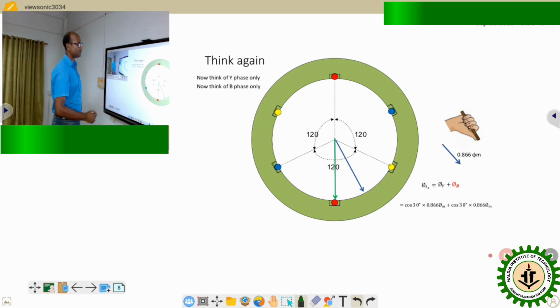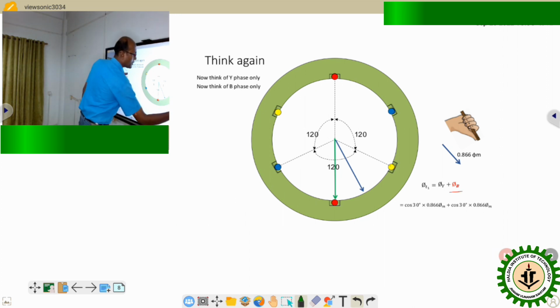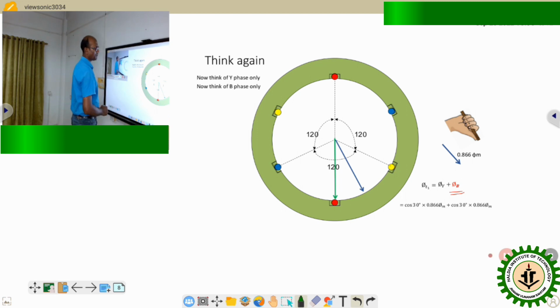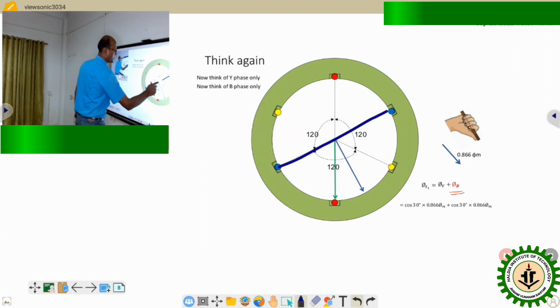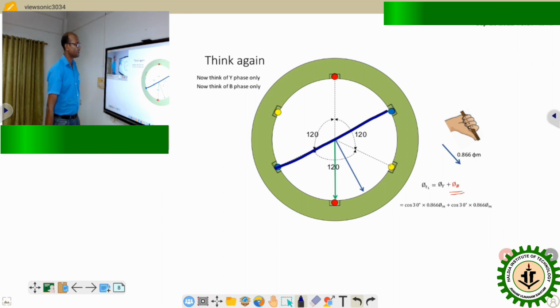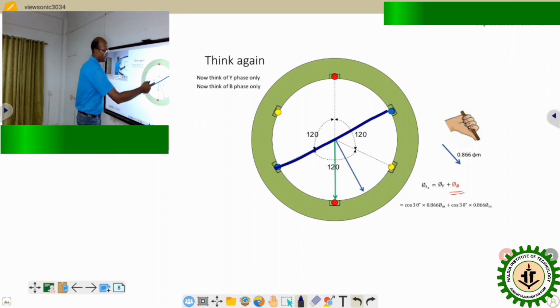Similarly, the contribution of B phase flux, if you want to find out, the B phase axis is towards that. So with respect to that, the flux contribution perpendicular to it is towards this direction.